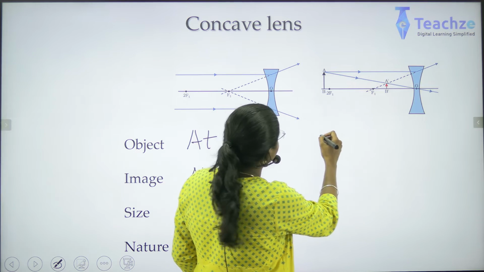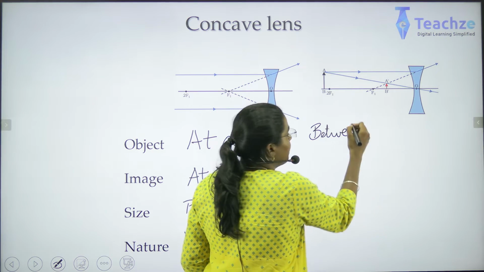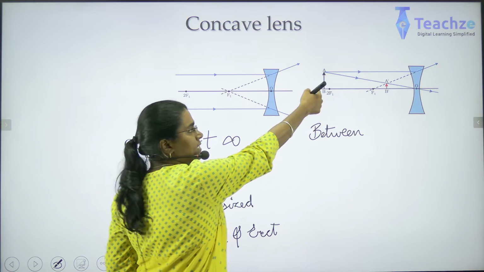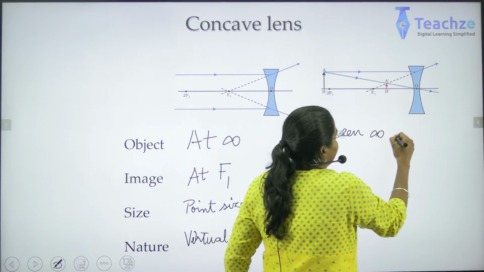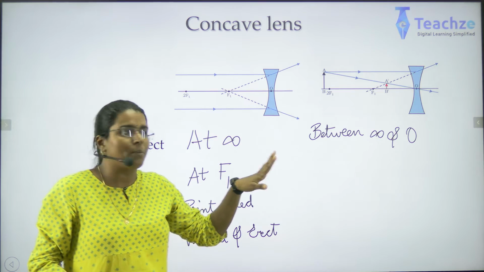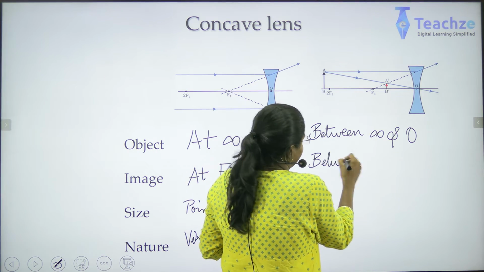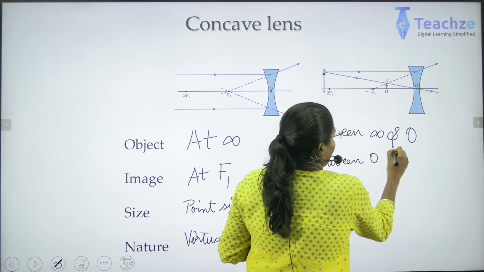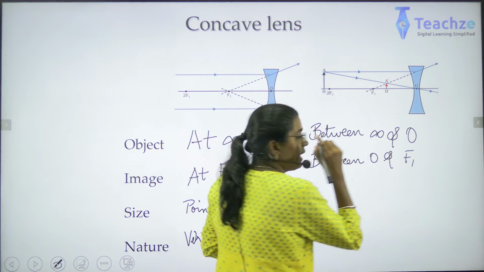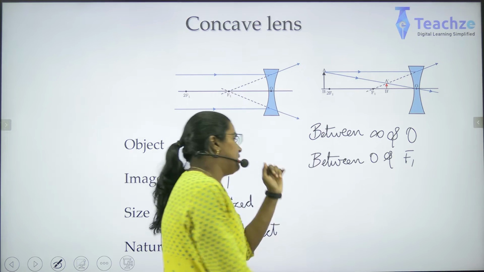The second case is between infinity and the optic center. Wherever you keep the object between infinity and the optic center, you will definitely get the image between the optic center and the focus F1. What will be the size of the image? It will be diminished.